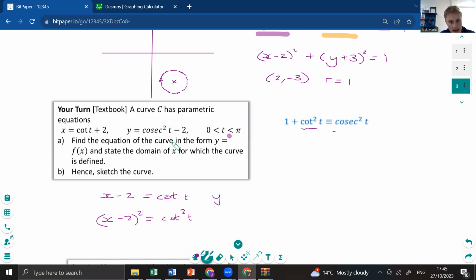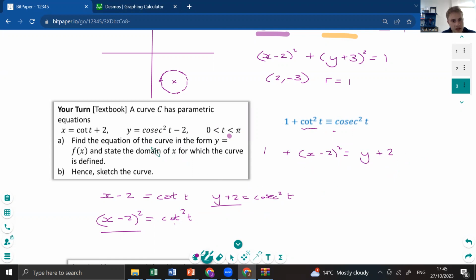So y plus 2 equals cosec squared t. Now notice that that one is already in the appropriate format, so I don't need to do anything further with that. So I'm ready to substitute that in. I'm ready to substitute that in. Let's do this. So 1 plus x minus 2 squared equals y plus 2.